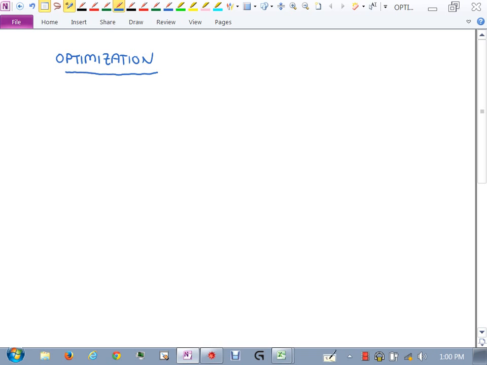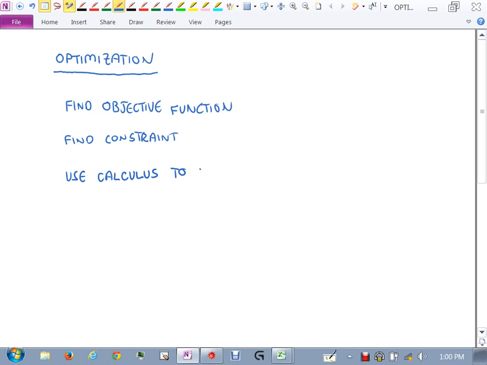The idea behind the optimization problems was to find what we called the objective function, find the constraint, and then use calculus to find the optimum solution. And that's basically what we're doing.